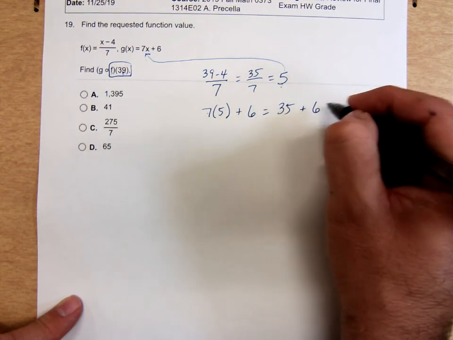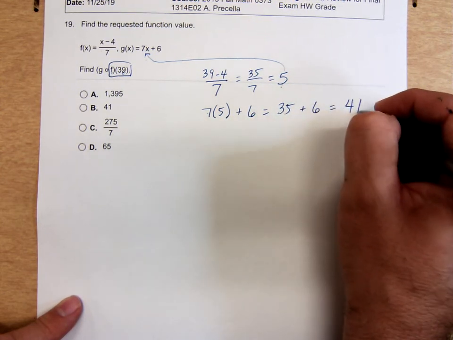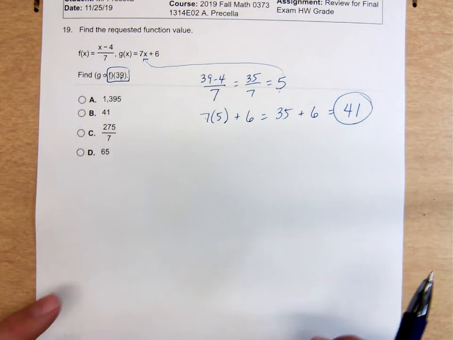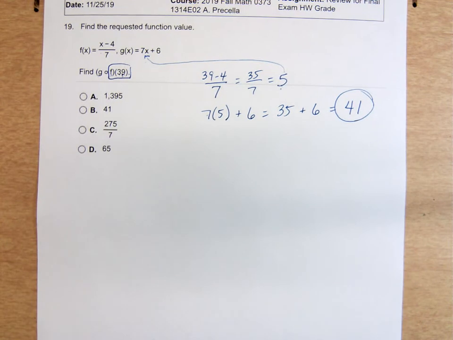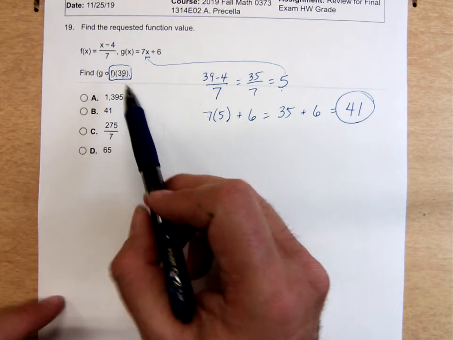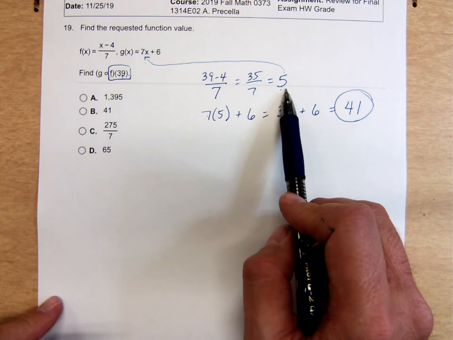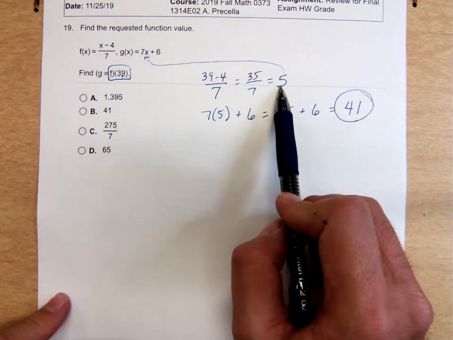Is that going to give me a 41? So in words, you start with the 39, plug it into the function right beside it, f. When I plug the 39 in, I got a 5. Take that 5, plug it into g. Okay?